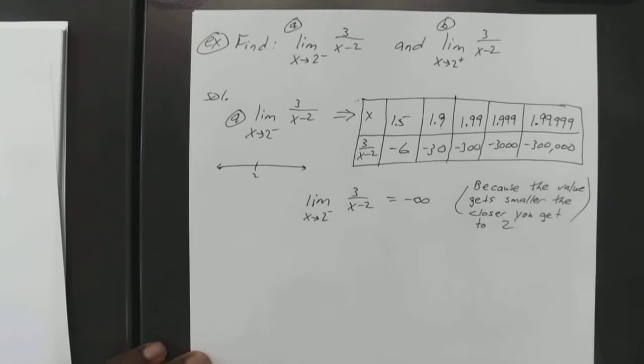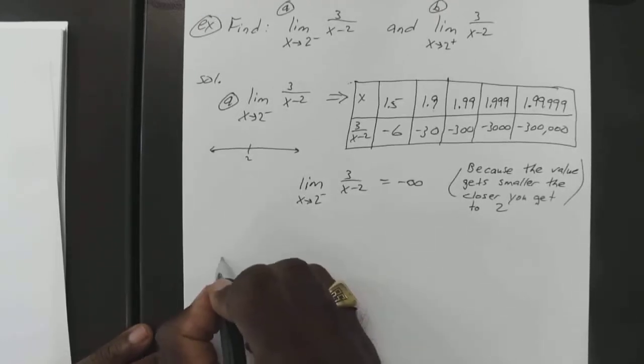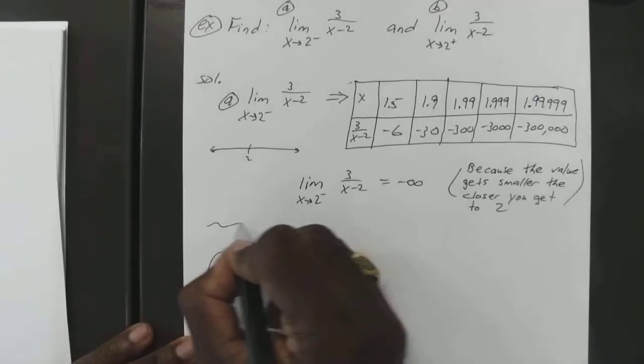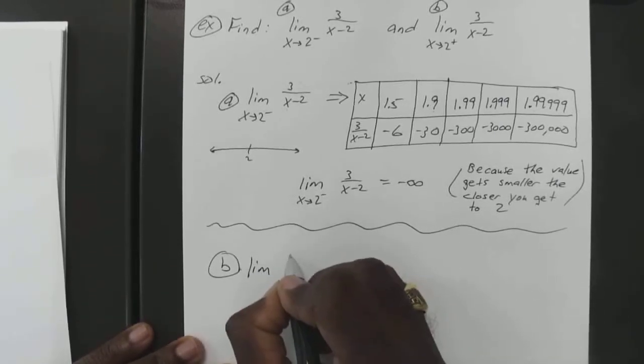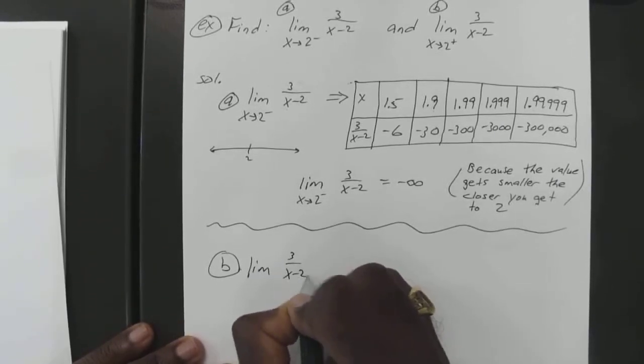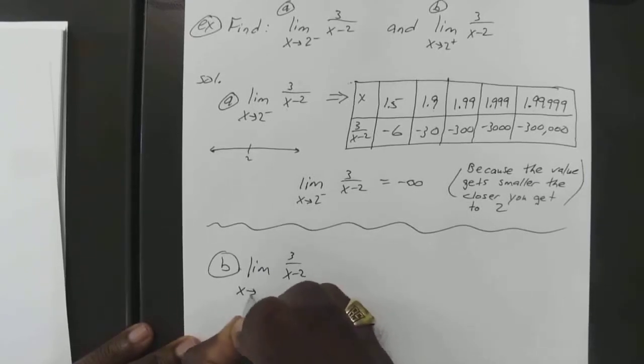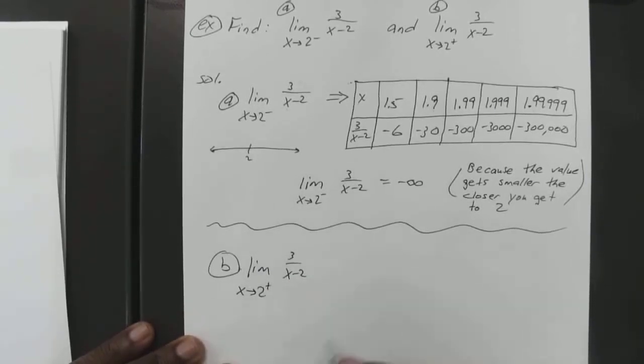Okay, so let's say for question B, create a little bit of a barrier there. Say the limit of 3 over x minus 2 as x approaches 2 from the right.